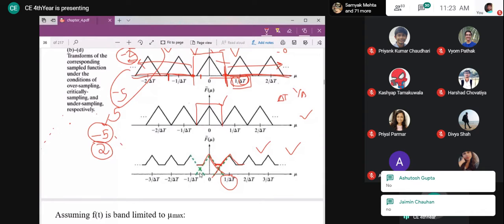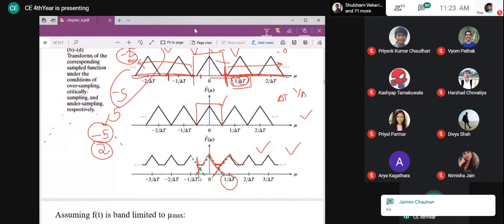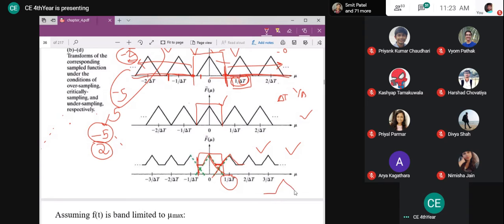If I pass it through a low pass filter, what I will get is like this. This will be the shape that I will obtain, but actually I wanted a shape like this, a triangle kind of shape. This information I am losing here.